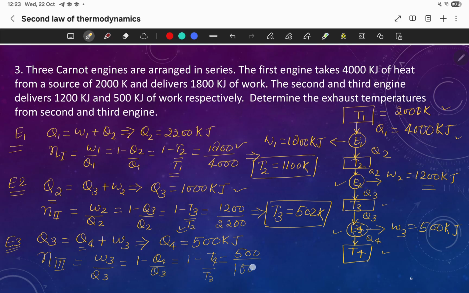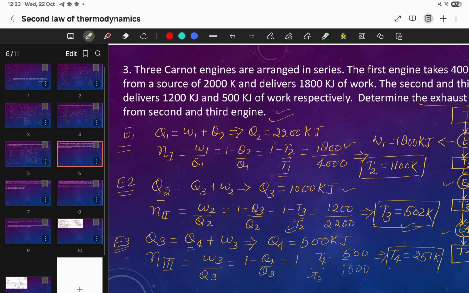Q3 is 1000, right? And we have the T3 value from here. Just calculate the T4 value. T4 is 251 Kelvin. So we have determined the exhaust temperatures from the second and third engine. We have calculated all the values here. Now come to the next question.